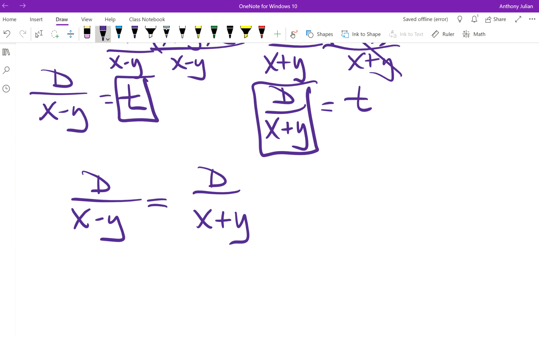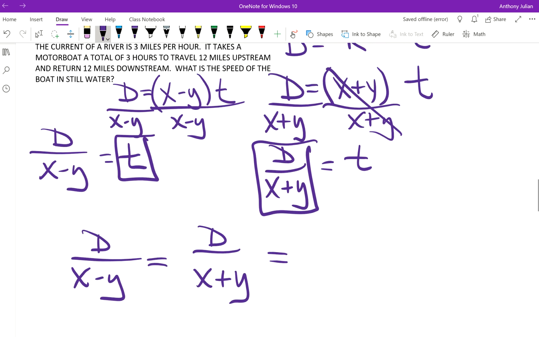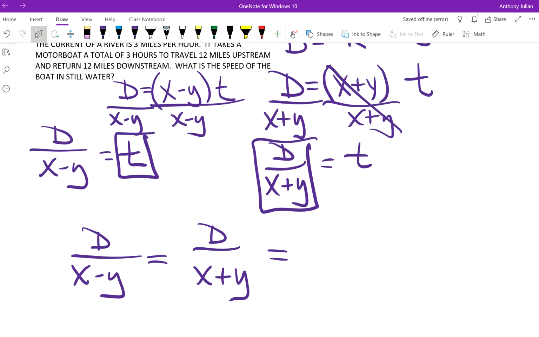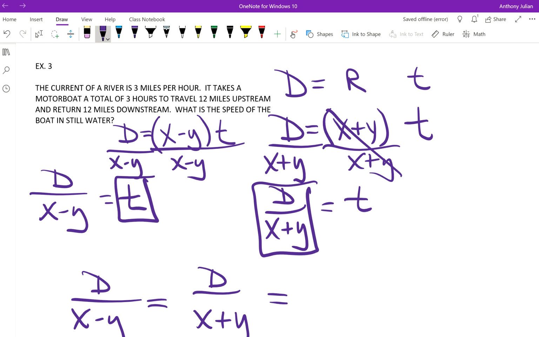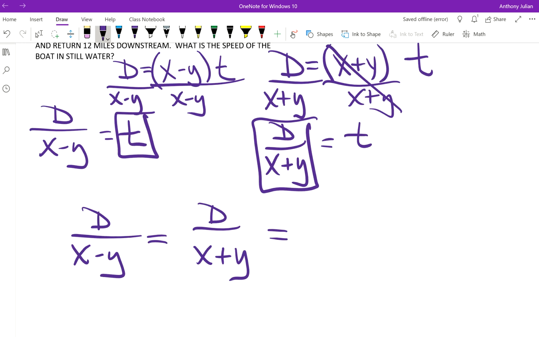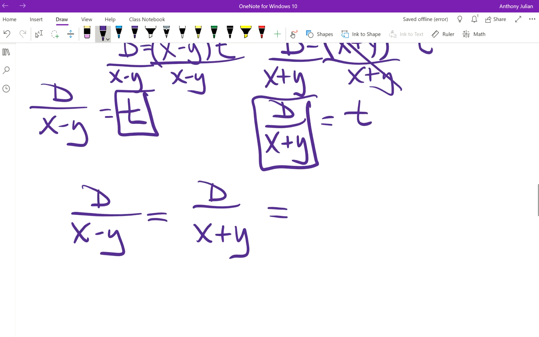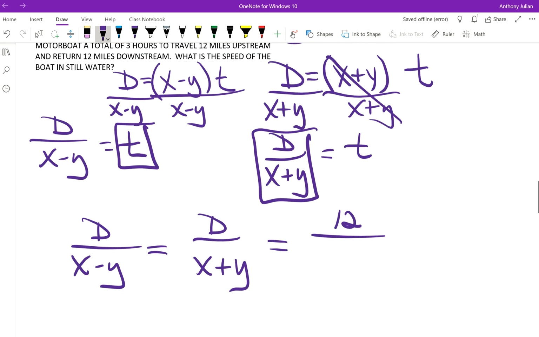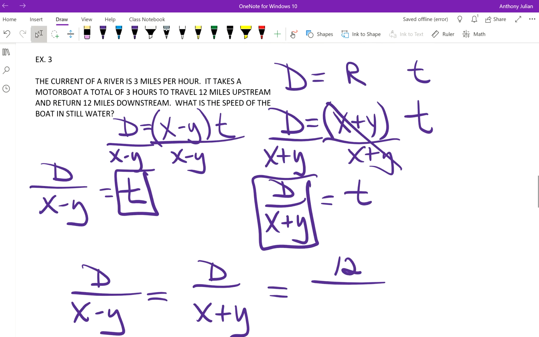Now let's fill in some information here. On the left side, we know that it takes a motorboat a total of 3 hours to travel 12 miles upstream and return 12 miles downstream. So we know that the distances are 12 for both. All right, so it's going to be 12 over x minus y, and the current of a river is 3 miles per hour.